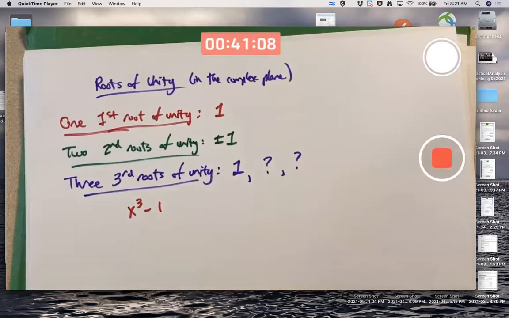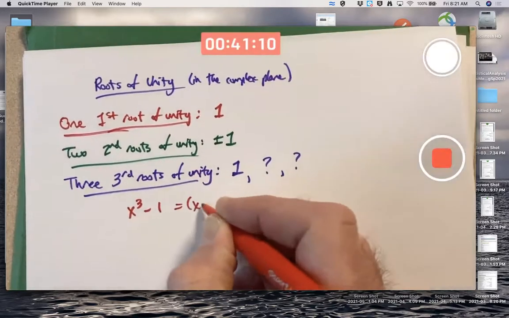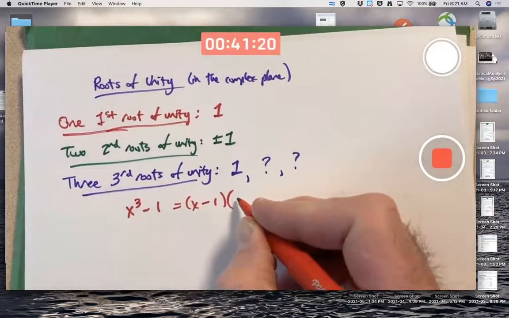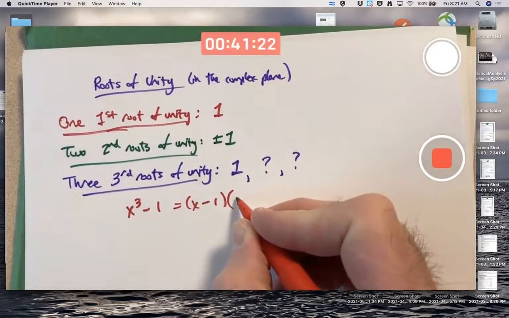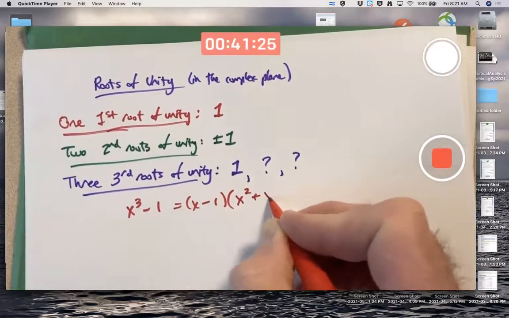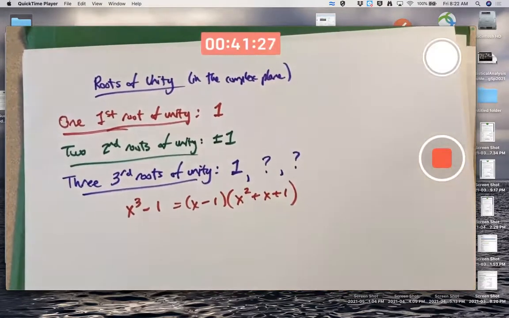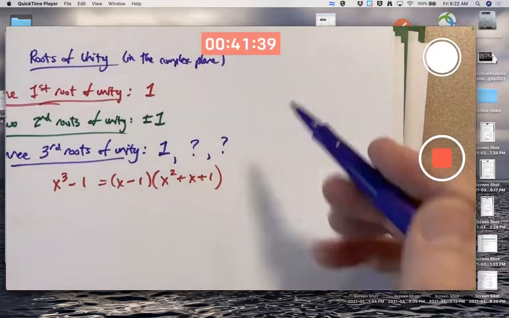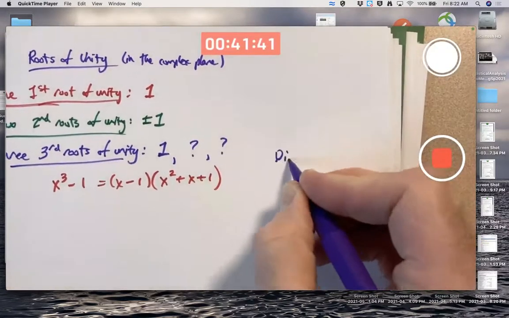1 is a root. X minus 1 is a factor. What's the other factor? It's worth memorizing, future teachers, that a difference of two cubes can always be factored, no matter what those two cubes are, in this kind of way.